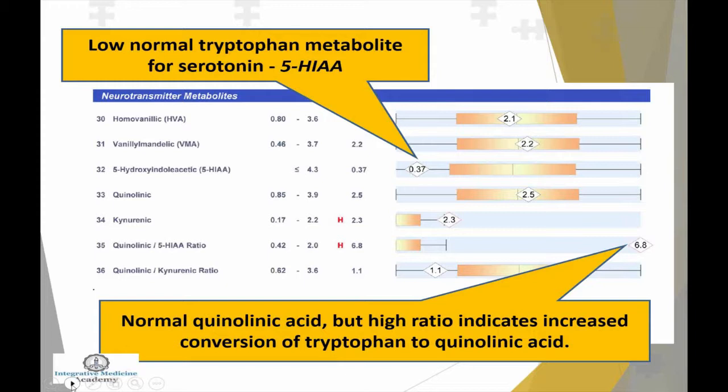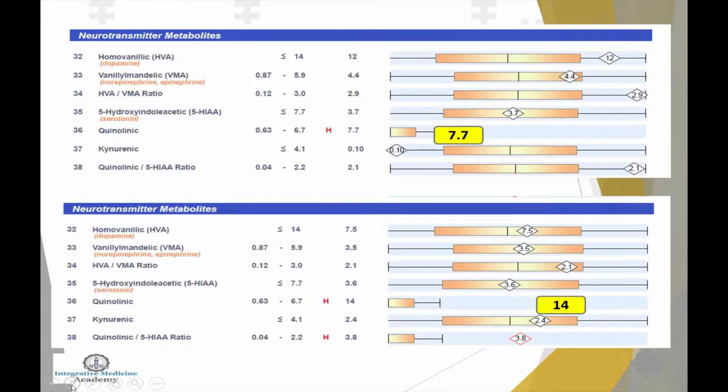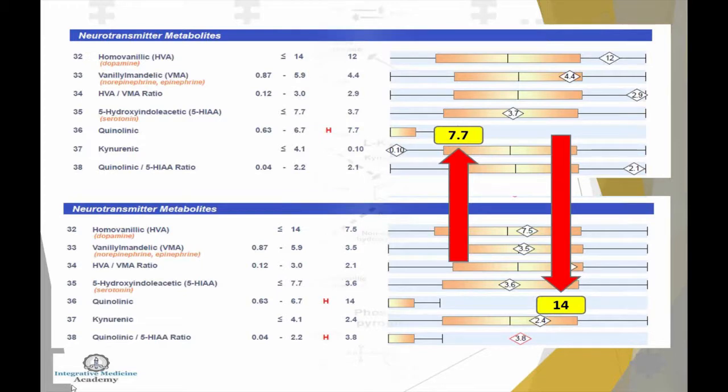A less common situation is where you have elevation of the quinolinic acid all by itself. Okay, so this again is not well known and it's not as commonly seen as some of the other scenarios I've mentioned here. Why that's significant with high quinolinic acid is that quinolinic acid in an elevated state is stressful and toxic to the brain and nervous system.